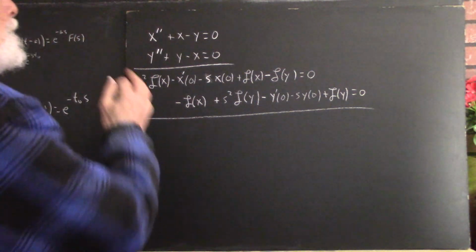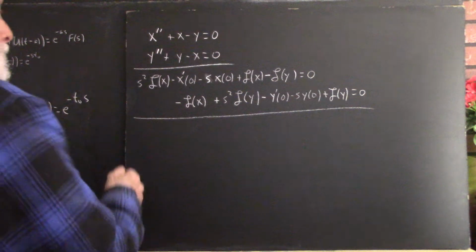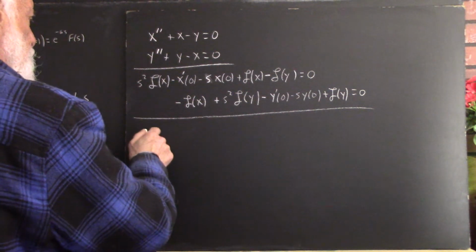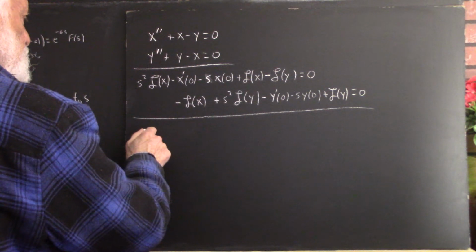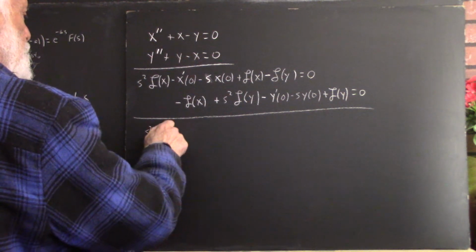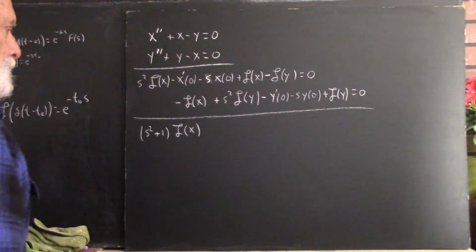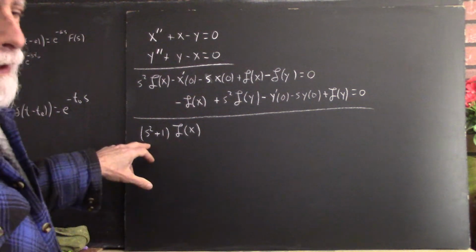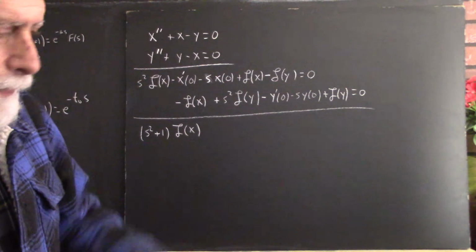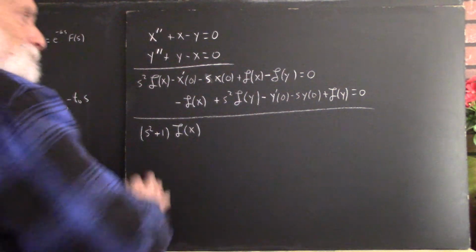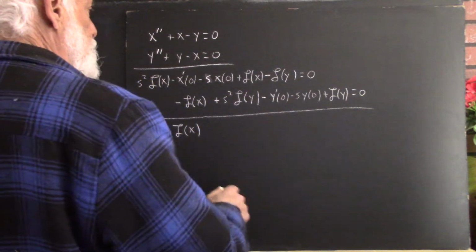Okay, well we simplify, we just do algebra now. We're going to get s squared plus 1 times the Laplace transform of x, which is ordinarily going to give you an s squared plus 1 in the denominator, and you're going to have a sine or cosine of t. But that's just kind of anticipating.